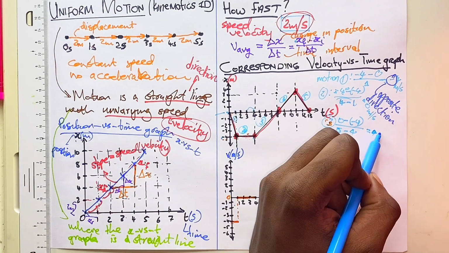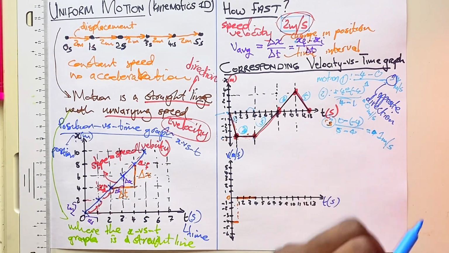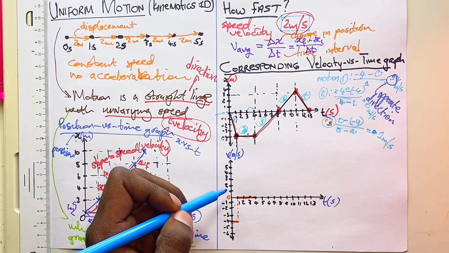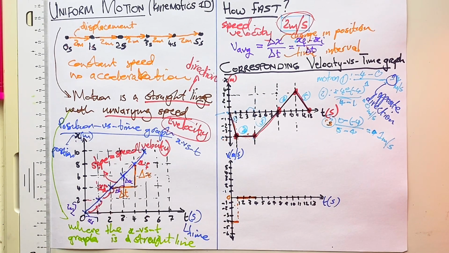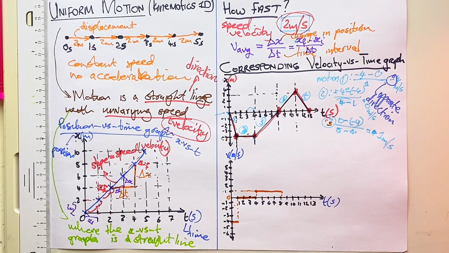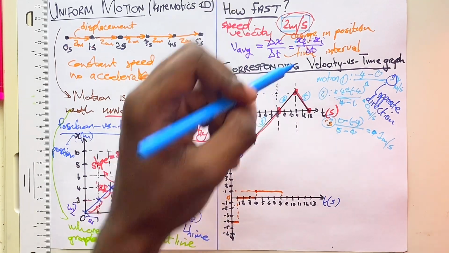So 4 over 4 is 1 meter per second. So motion 3 moves at 1 meter per second, which is here. So our graph will go up and move at 1 meter per second from t4 until t8. Now let's do the other ones quickly.